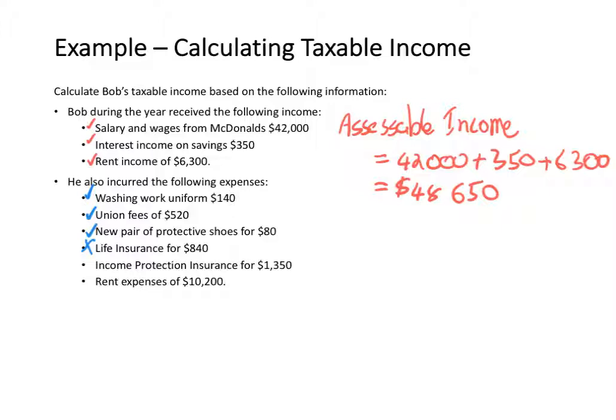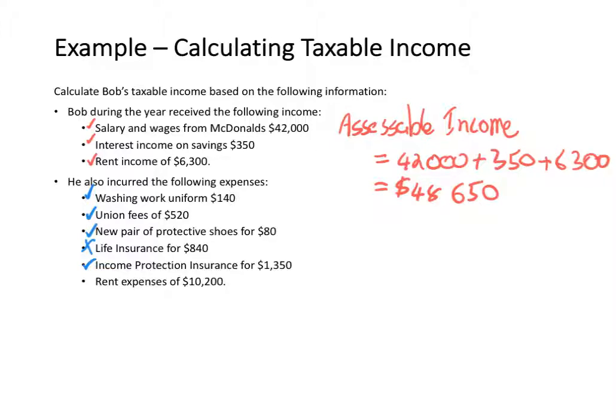Income protection insurance, on the other hand, for $1,350 will be deductible because it relates to Bob insuring his income that he's receiving from McDonald's. So if Bob was to become sick and had to have several months or longer off of work, then that insurance would replace his income he's receiving from McDonald's. So he would still be receiving income and being taxed on that money.